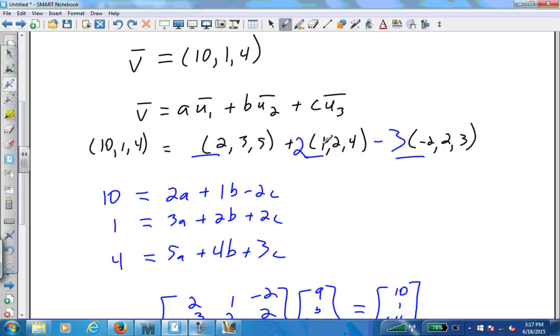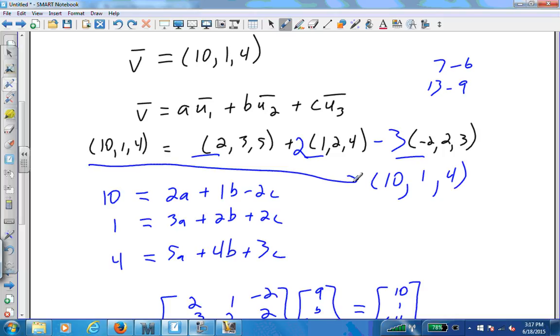Notice 2, 1 times 2 is 2, so 4, minus 3 times minus 2 is 6, so 10. 3, 2 times 2 is 4, so 4 plus 3 is 7, minus 3 times 2 is negative 6, so 7 minus 6 is 1. 5, 2 times 4 is 8, so 5 and 8 is 13, minus 3 times 3 is minus 9, so 4. So we've expressed V as a linear combination of U1, U2, and U3.